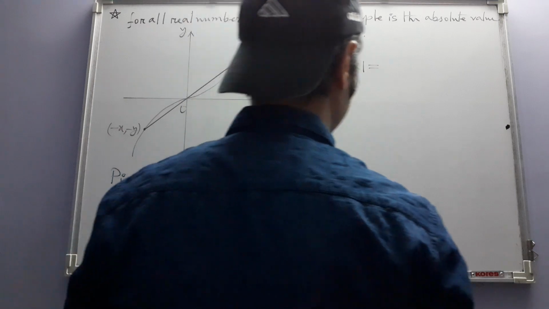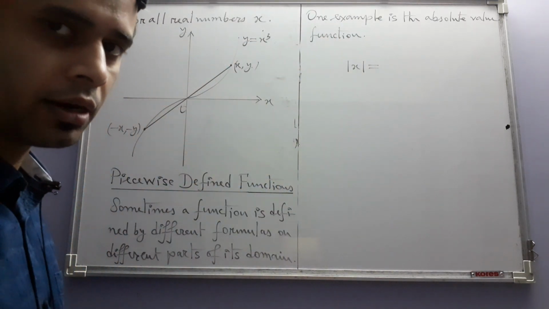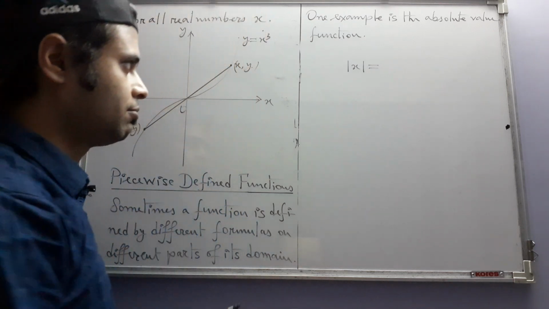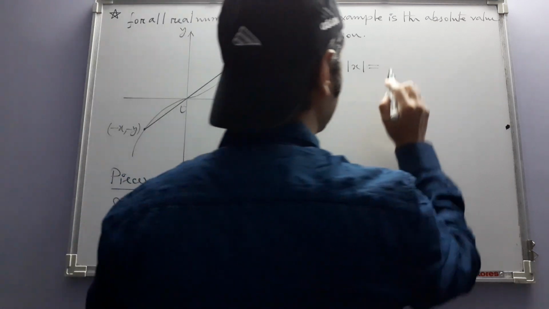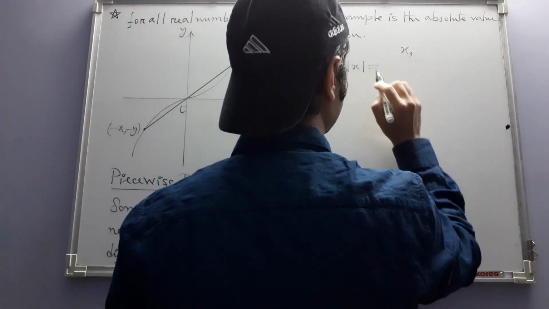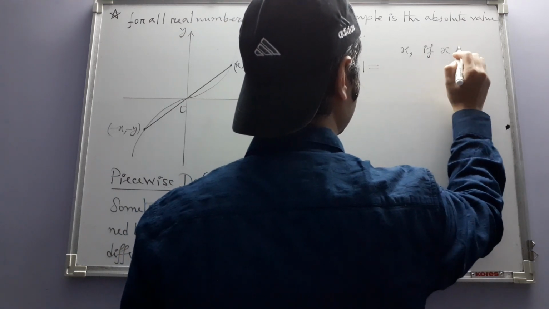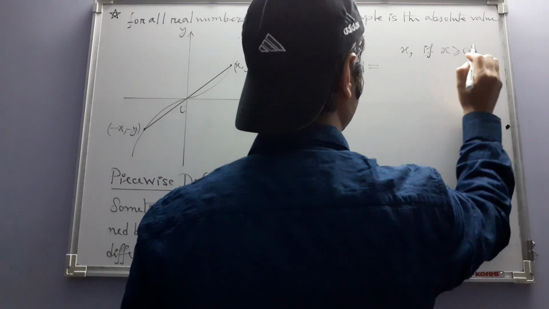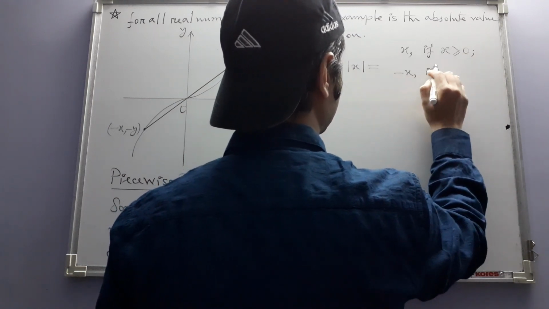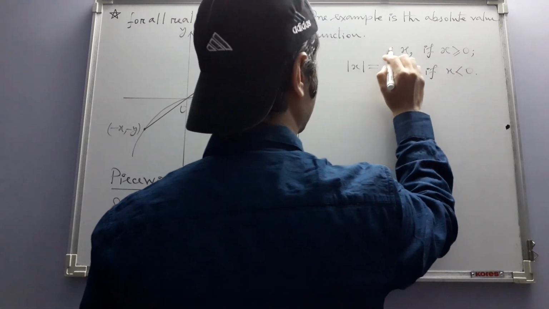We know that the absolute value function has the entire set of real numbers as its domain, because for every real number we can find its absolute value, and the function itself is defined like this. It is defined to be x if x is a non-negative real number, and is defined to be minus x if x is a negative real number.